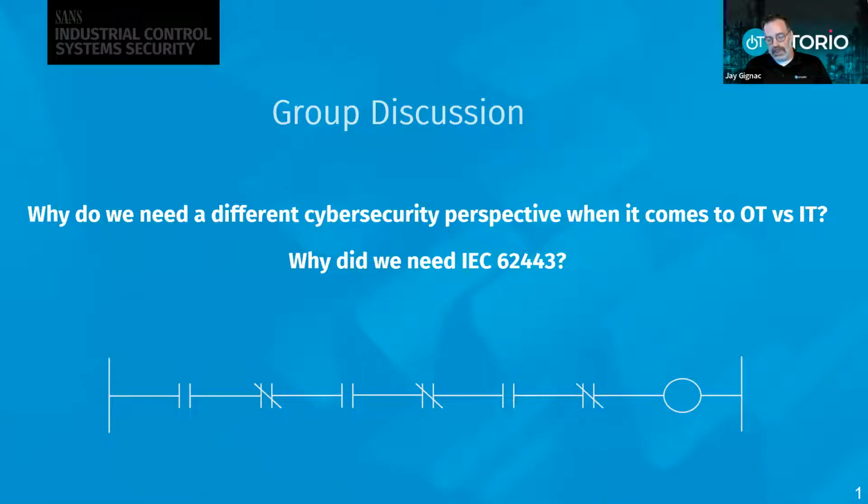We have to recognize that not only are the impacts different between IT and OT, but also the assets that we own, their nature, their evolution, the types of firmware they use, the solutions they run around, how they're managed, and who they interact with. There's a considerable amount of time and effort that needs to be spent properly assessing these systems and considering them part of a cybersecurity program.